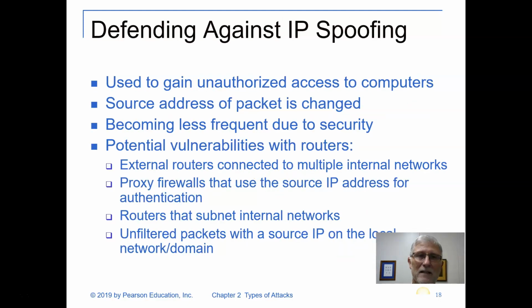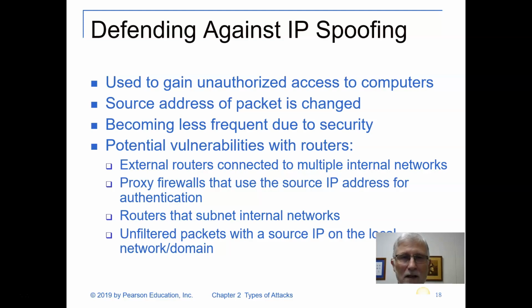Now, how do I defend against IP spoofing? IP address spoofing is used to gain unauthorized access; the source addresses of the packets are changed. It's becoming less frequent than it was in the past, but potential vulnerabilities are external routers connected to multiple internal networks. You want to minimize the number of external routers.